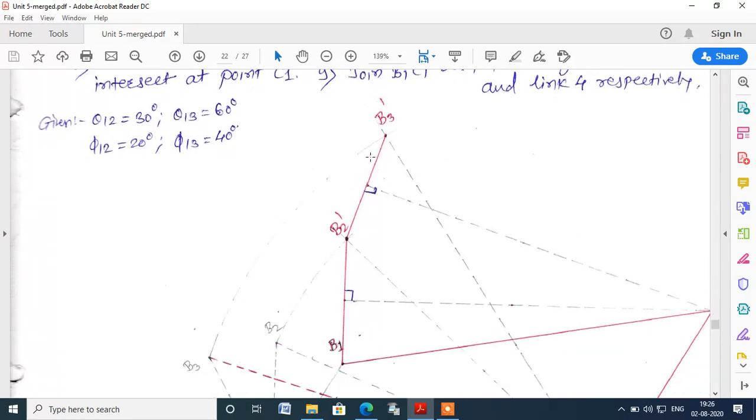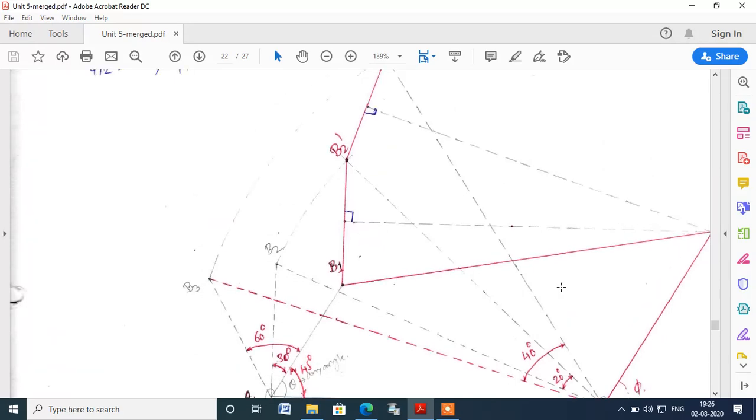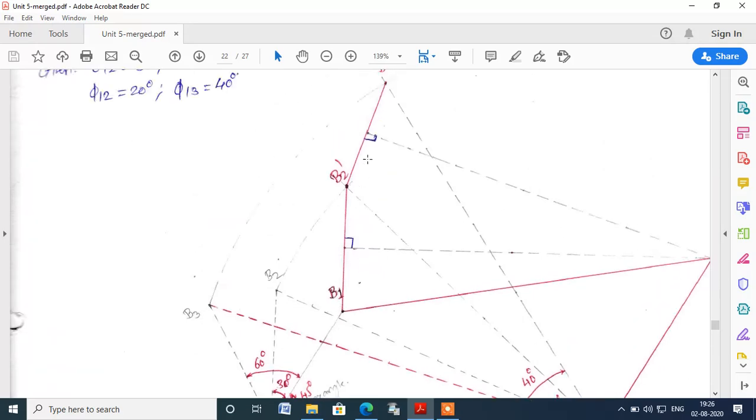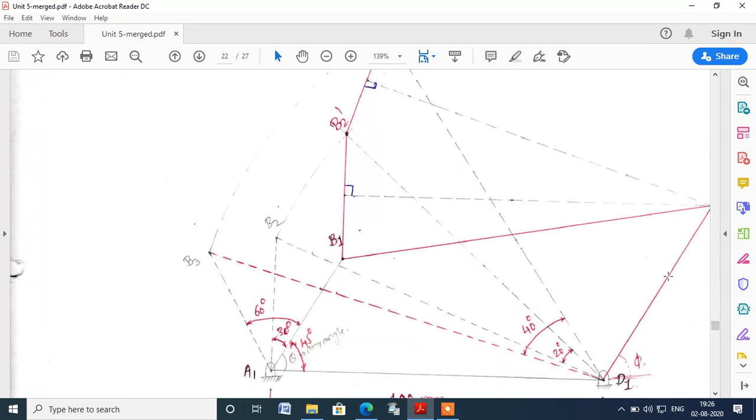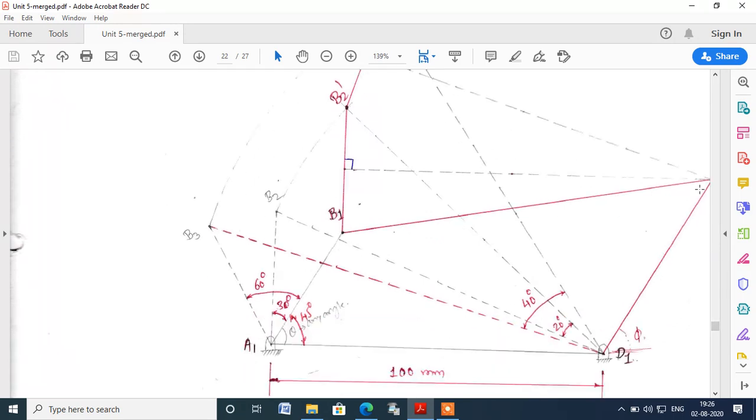Then after that, draw perpendicular bisector from B1 B2 dash and B2 dash B3 dash. So this perpendicular bisector and this perpendicular bisector meet somewhere and mark this point as C1. Then join B1 C1, then C1 D1.